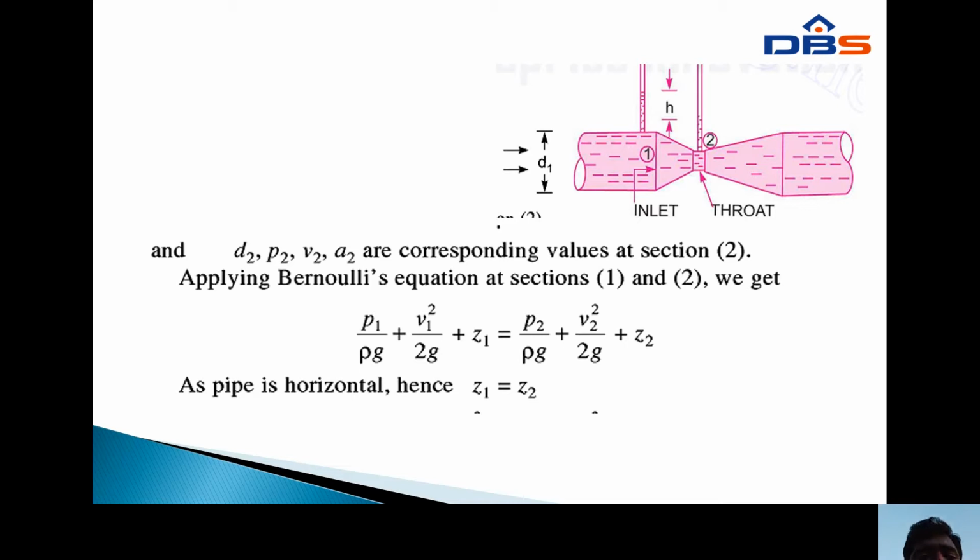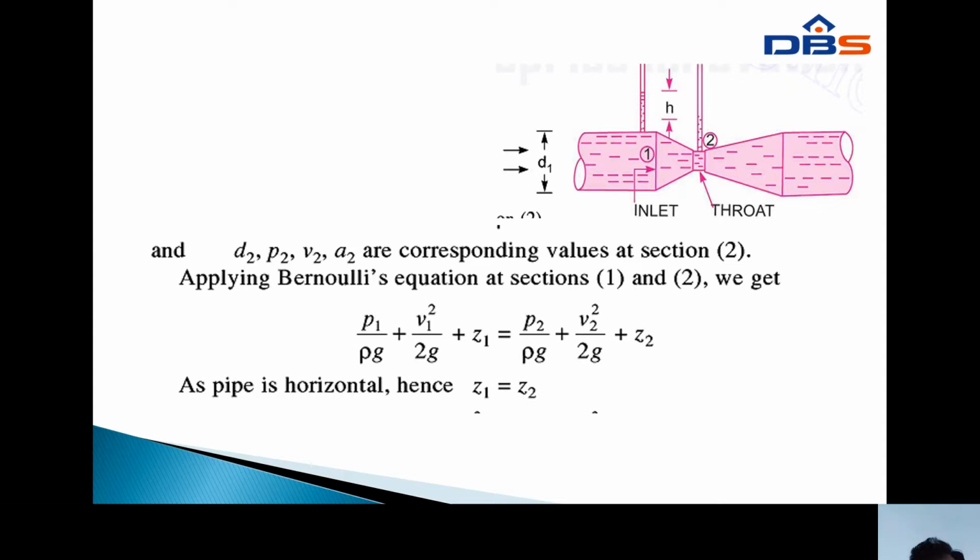As the Venturi meter is connected in a horizontal pipe, the datum head Z1 equals Z2.